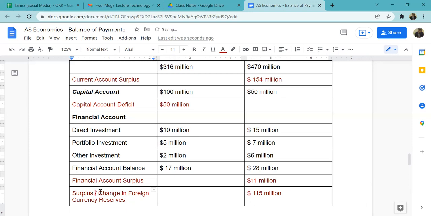And why am I writing this down as slash change in foreign currency reserves? When you exported more, when more investments came into your country, when more foreigners bought property in your country, the demand for your currency increased, which means the country's foreign currency reserves during that time period increased.